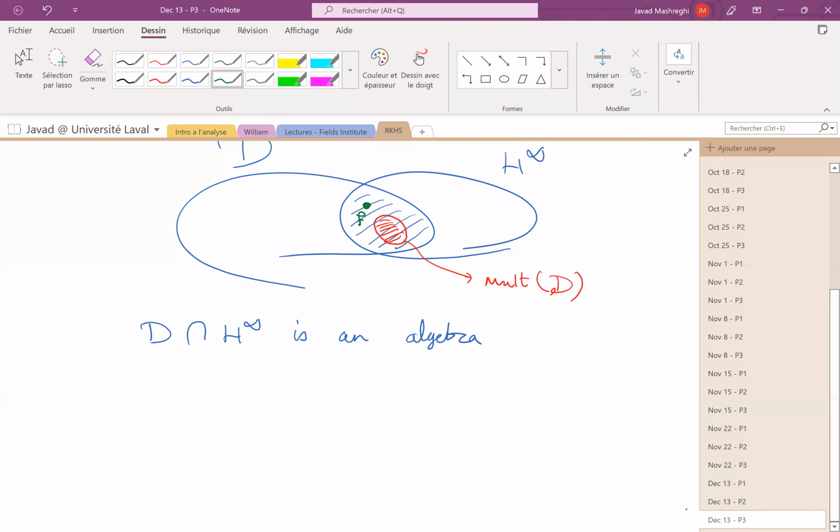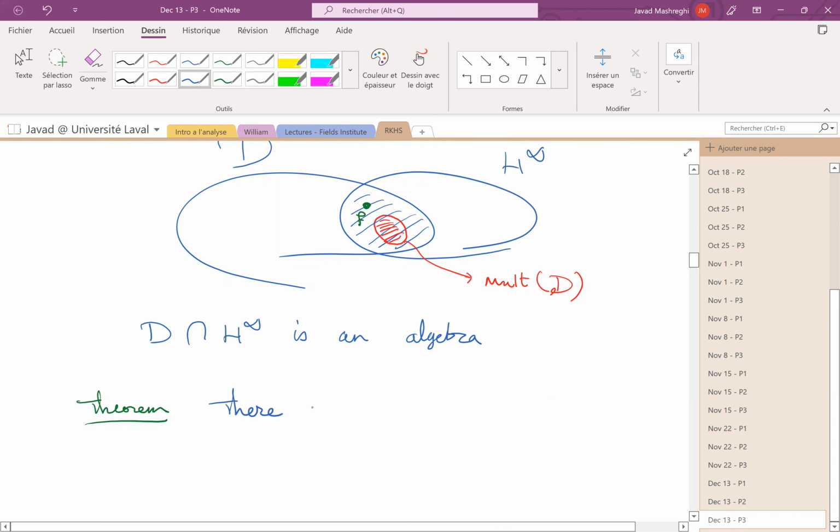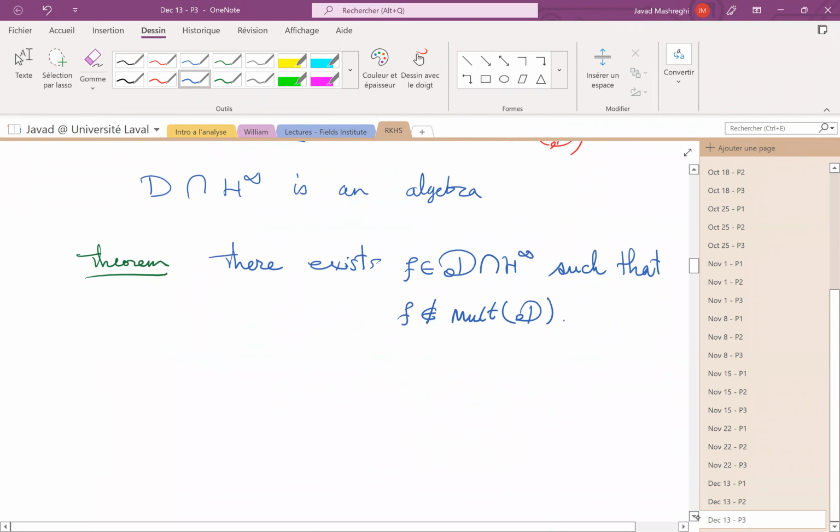Theorem: there exists an element F in the intersection D and H infinity such that F is not an element of the multiplier algebra of D. It's just a matter of finding the right Taylor coefficients for the function F and showing that it satisfies the required properties.